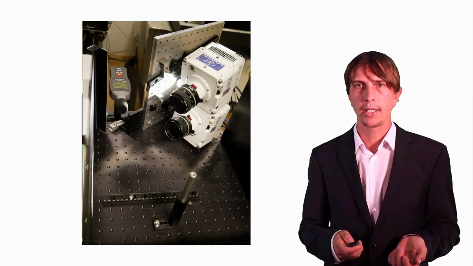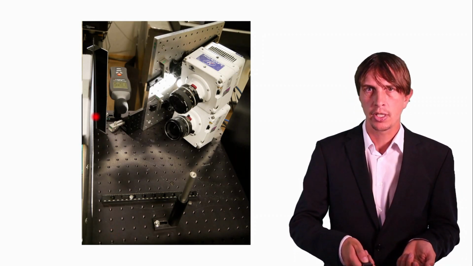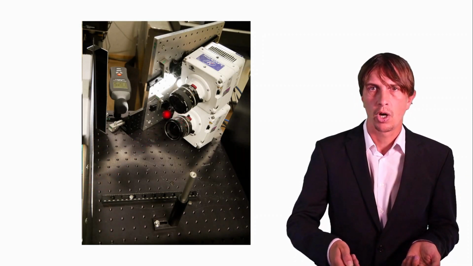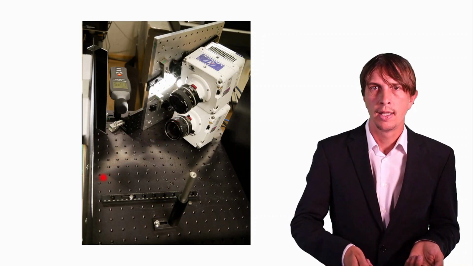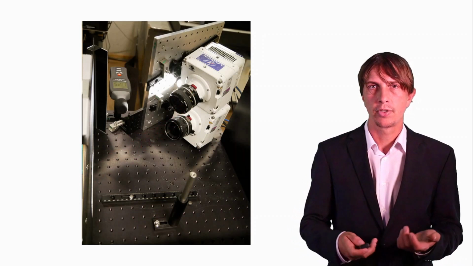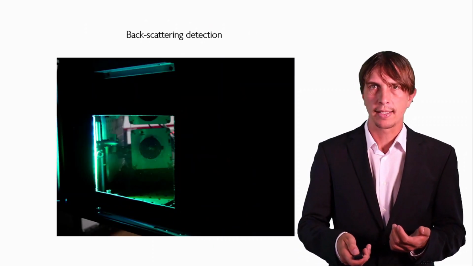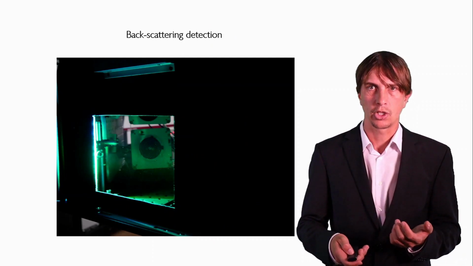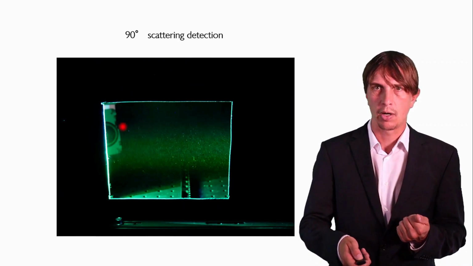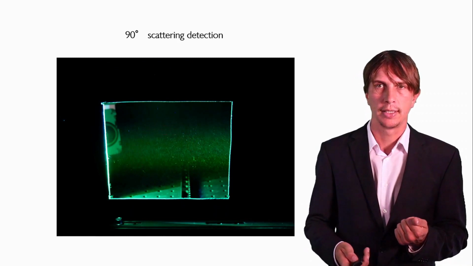We can see another picture from here where the wide light sheet is going in this direction. And now we can see again the semi-forward detection of the scattered light. This corresponds to 52 degrees, and there is a clear advantage of this configuration. Here it's shown a semi-backscattering detection. And then we have a perpendicular detection where now we can detect a little bit more those aerosols suspended in the air.